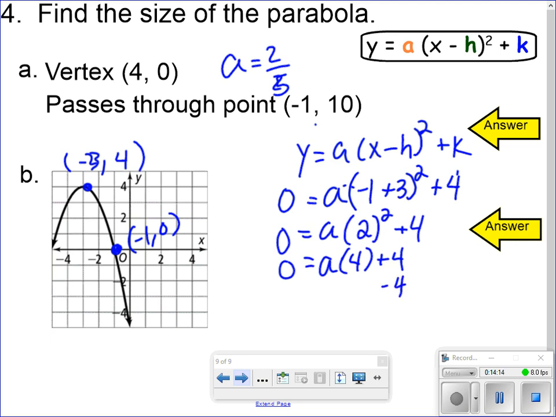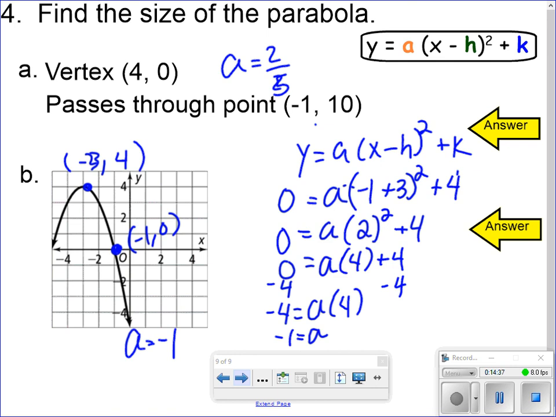Subtract 4 on both sides. That's -4 is equal to A times 4. And I know that the only thing that multiplies 4 to give me -4 is -1. So A has to be -1. So the size of my parabola here is -1, which means that it's going to open down and that it's going to have a size of 1.